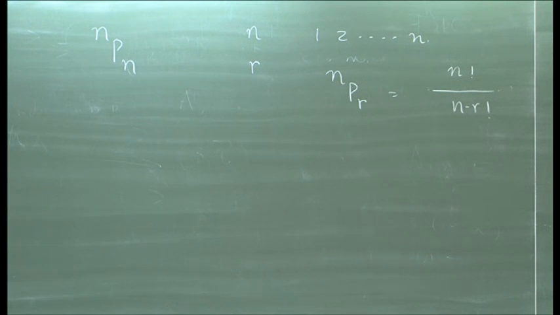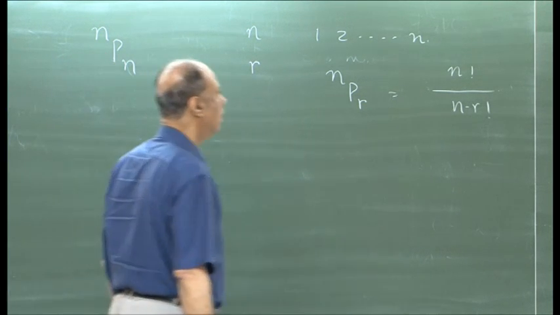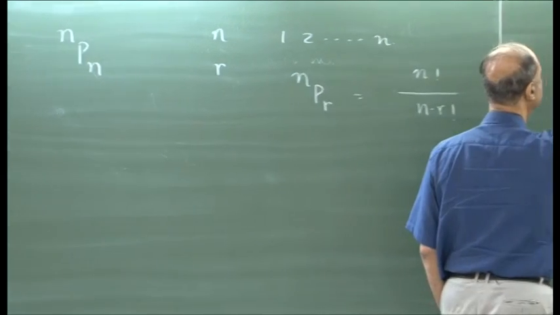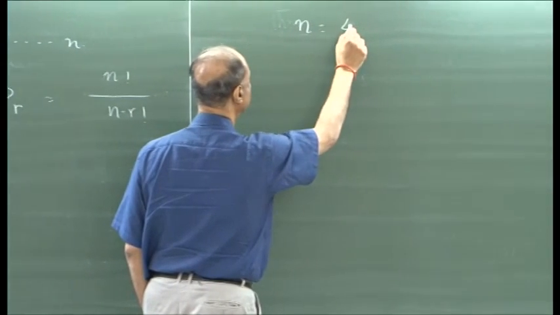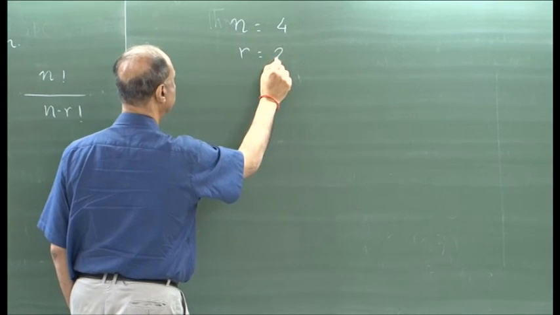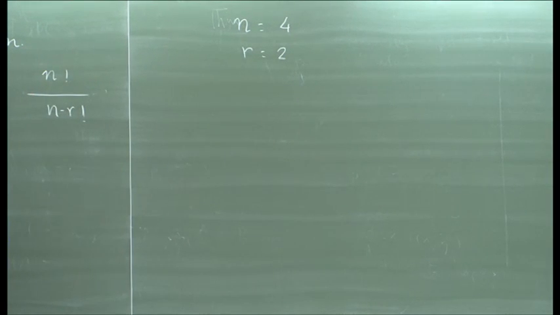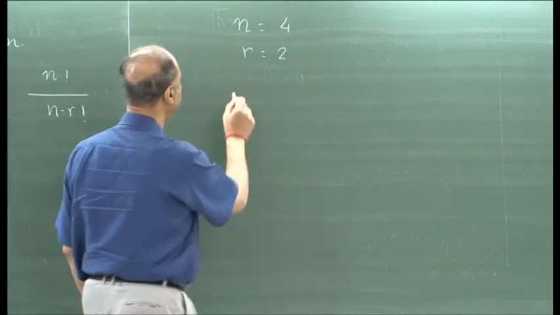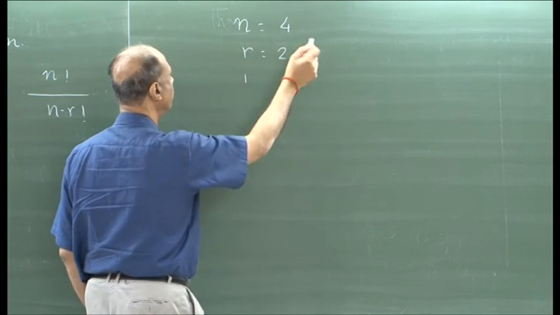So for example, suppose I have n equals 4 and r equals 2.